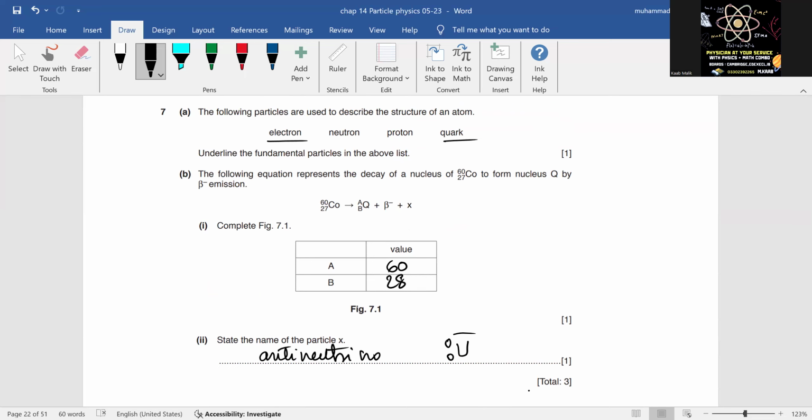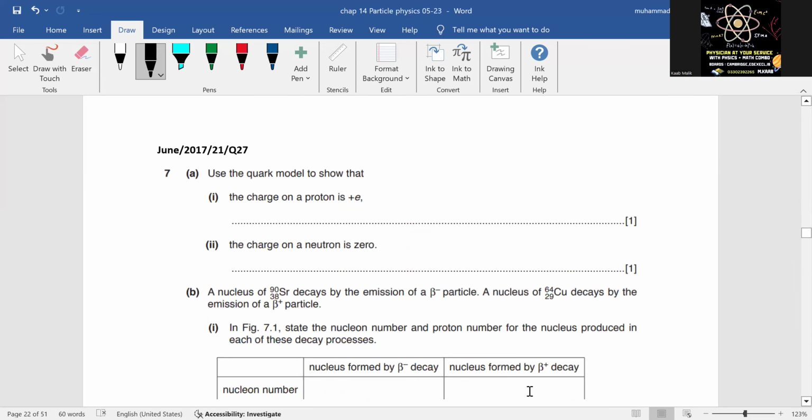Because the beta particle will have its anti-neutrino with it, a particle together with an anti-particle. And beta positive itself is an anti-particle, so there should be a corresponding neutrino there. Okay, clear?